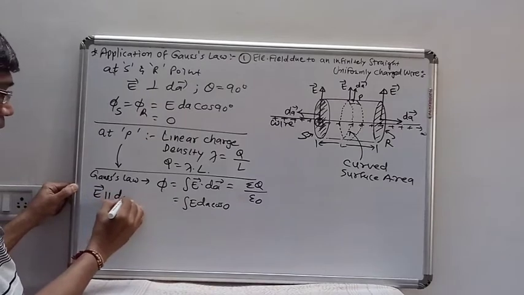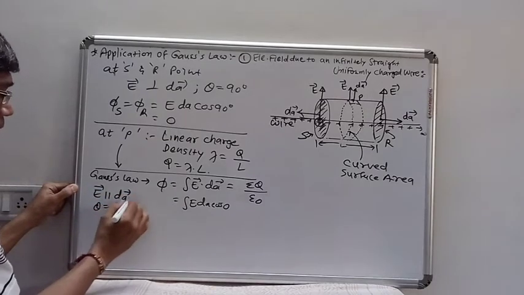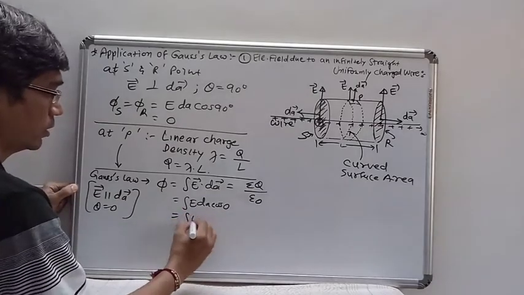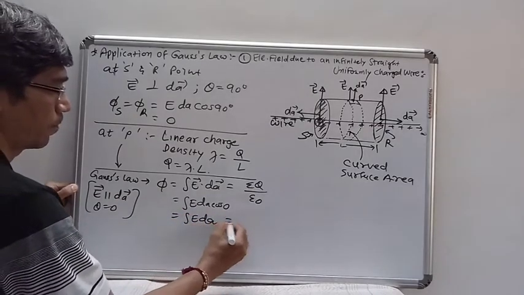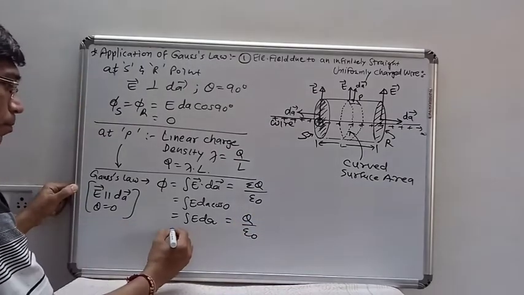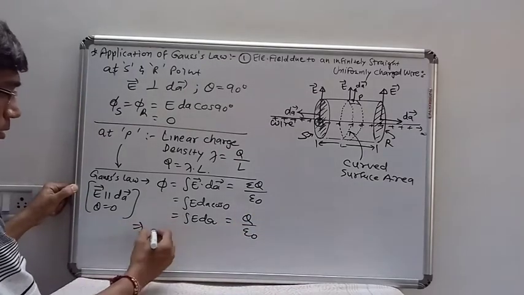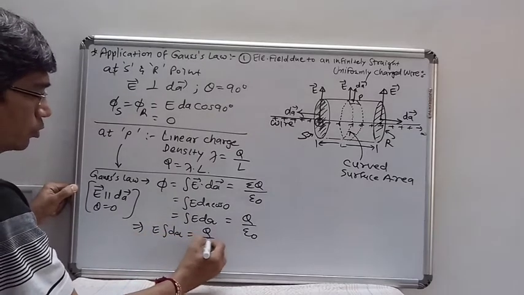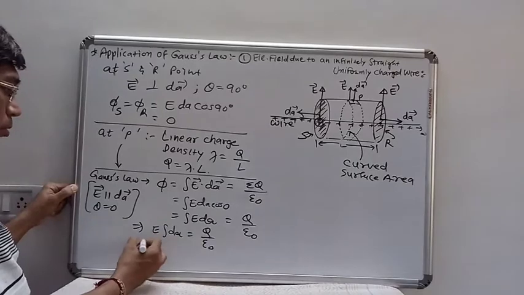E parallel to dA, theta is 0. So it is E into dA is equal to Q upon epsilon 0. The electric field is constant, so E times integration dA is equal to Q upon epsilon 0.